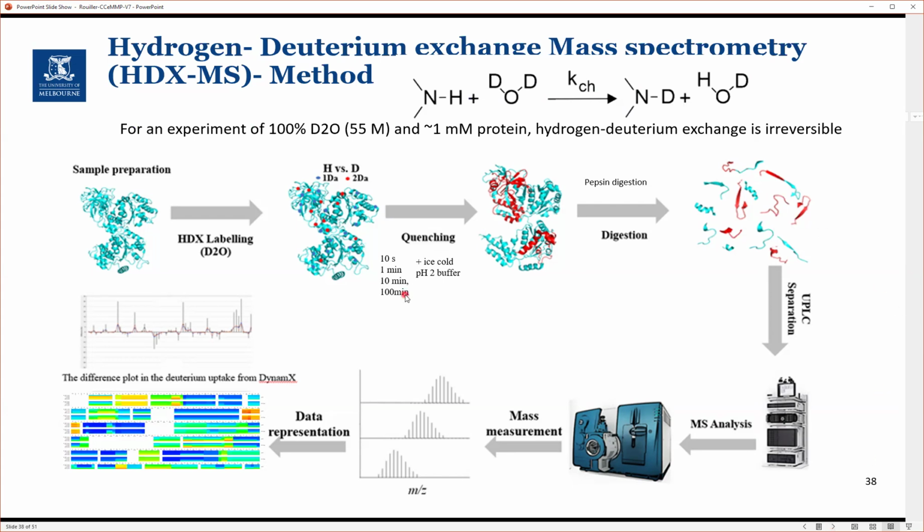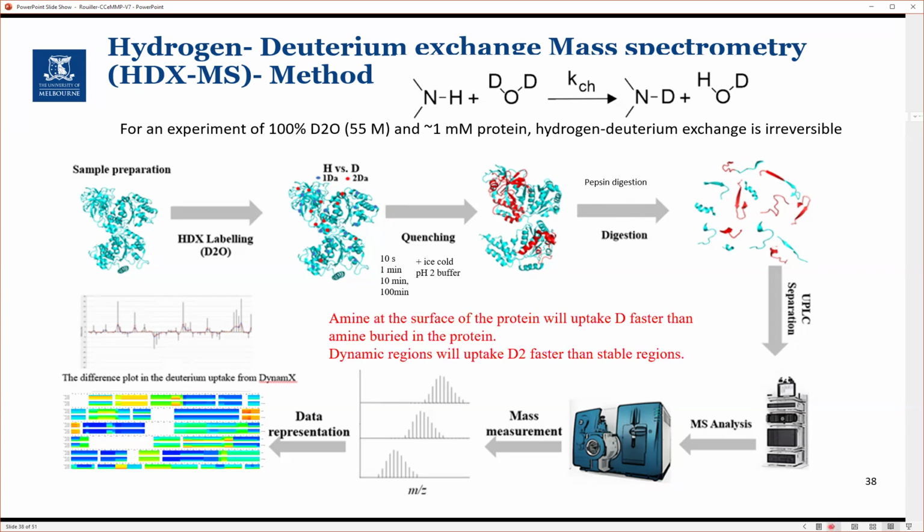In practice, you get your purified protein, incubate it with deuterium for a set amount of time, allowing this exchange to happen, and then you do pepsin digestion, run mass spec, and detect peptides that have uptaken the deuterium. And then analyze the data, either in linear form or in 3D.